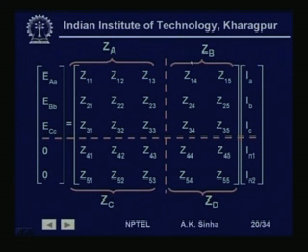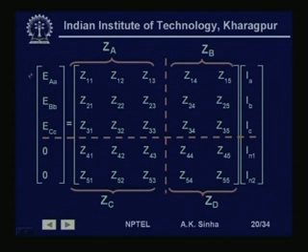So, for this 5 conductor system, we have 5 equations, and the impedance matrix is a 5 by 5 matrix, which we can divide into 4 different submatrices as shown here. Z_A is a 3 by 3 matrix, which contains Z11, Z12, Z13, Z21, Z22, Z23, Z31, Z32, Z33. These impedances relate the voltages across the phase conductors with the currents flowing in the phase conductors.